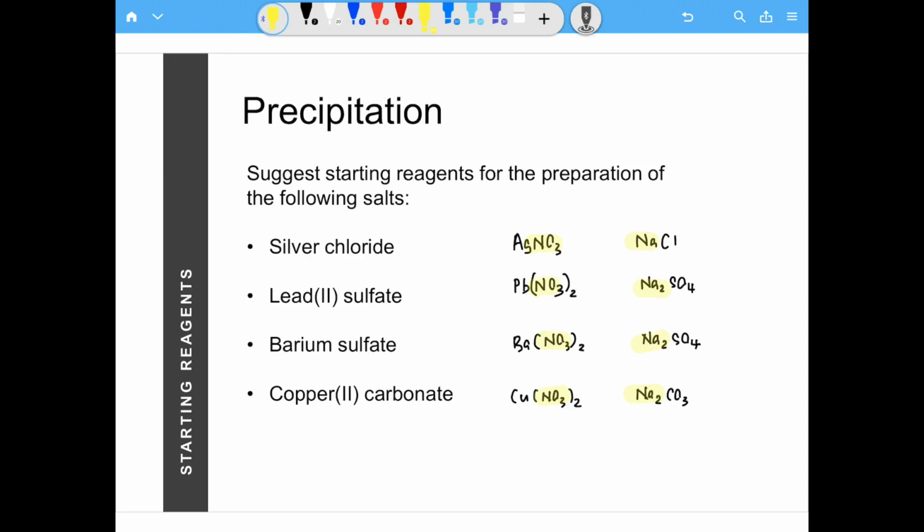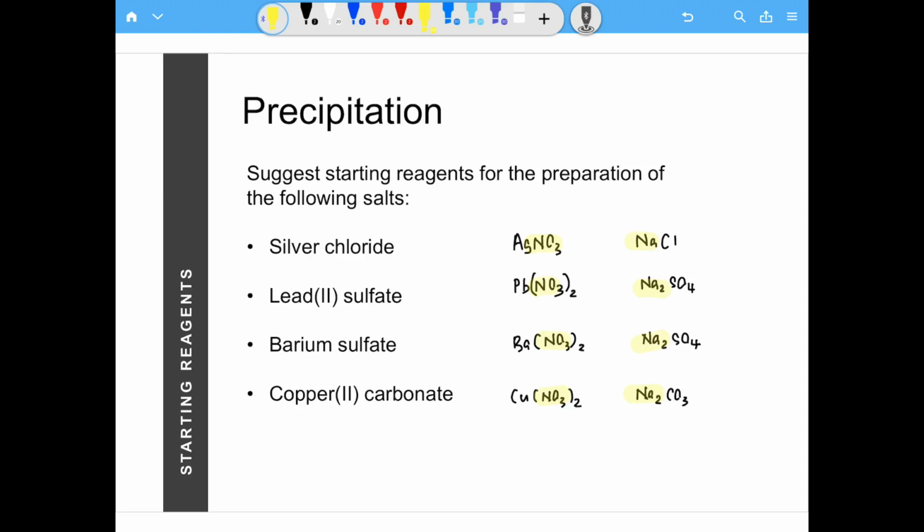Now before we go on to the next method, it's very important to point out that something nitrate and sodium something is not the only correct choice of starting reagents. They are only convenient choices because we know they are definitely soluble.